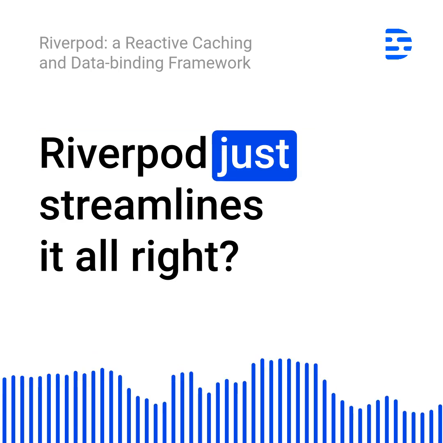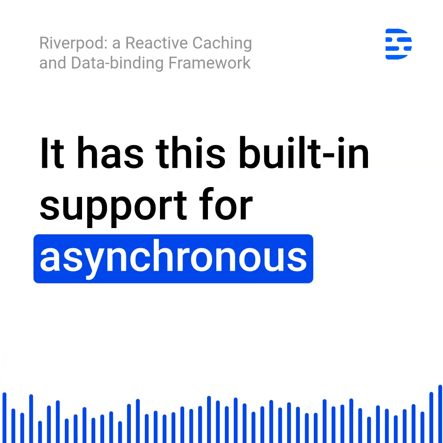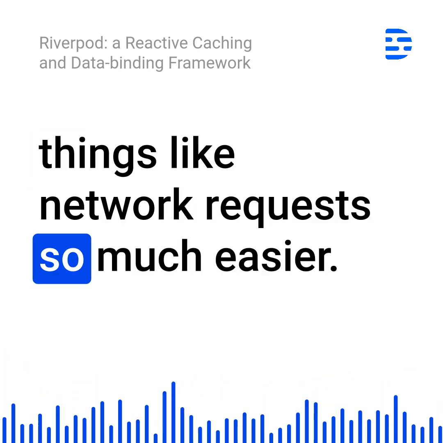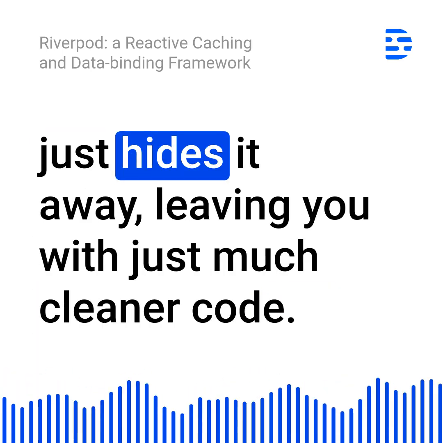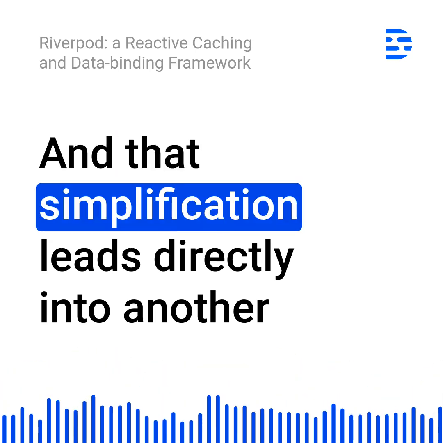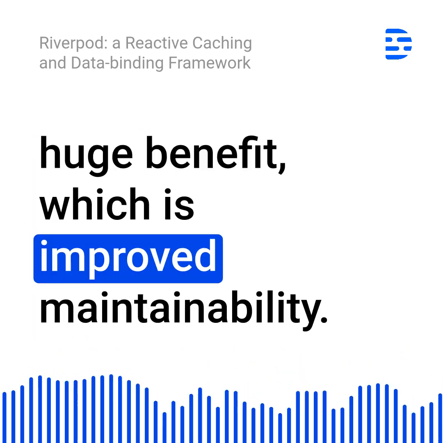But Riverpod just streamlines it all, right? Yeah. It has this built-in support for asynchronous providers and just makes dealing with things like network requests so much easier. So it takes all that asynchronous complexity and hides it away, leaving you with much cleaner code. Exactly.